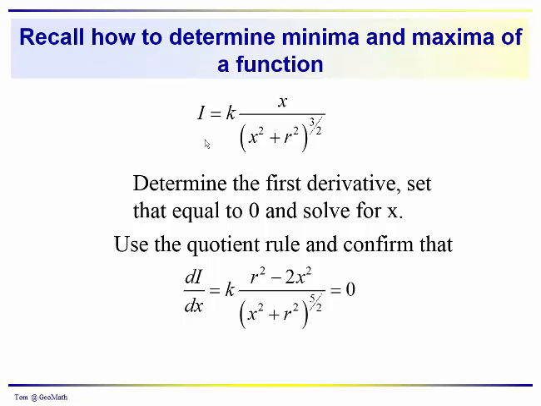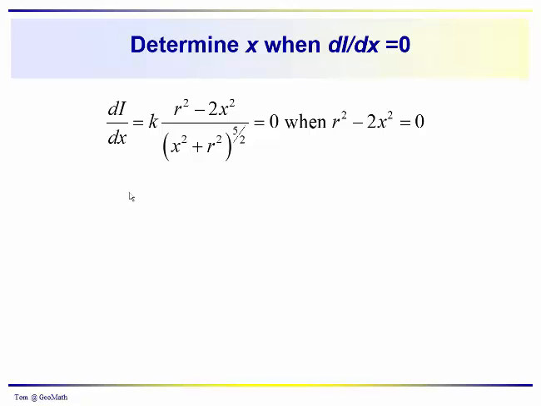But dI/dx, we're differentiating this function with respect to the independent variable x, and we get that this derivative as a function of source height is k times r squared minus 2x squared over x squared plus r squared to the 5/2, and we have to set this equal to 0 in order to solve for an x that will maximize the illumination at a point along the circumference, a distance r from the center of that circle.